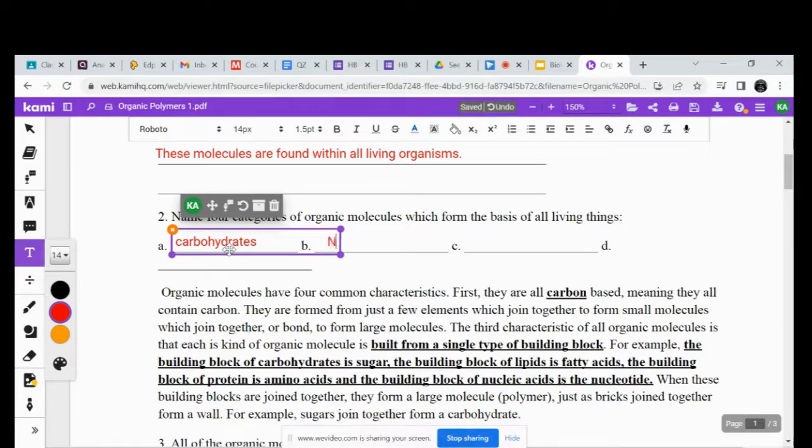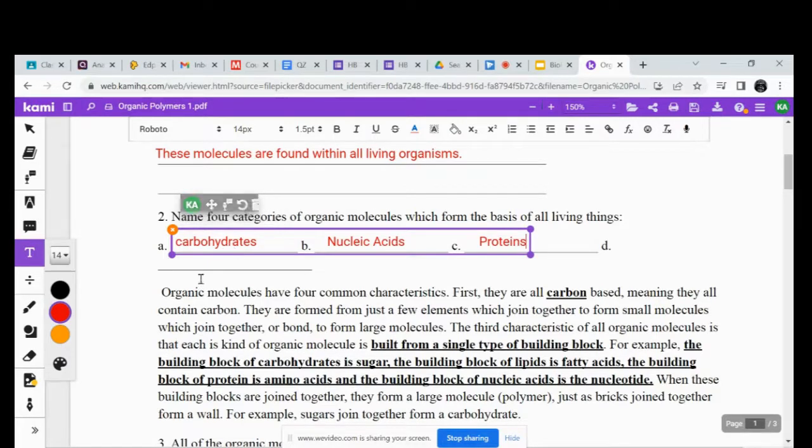We also have nucleic acids, DNA, deoxyribonucleic acid, and RNA, ribonucleic acid. Those are molecules that store our genetic information. They give us our traits, our brown hair, blue eyes, whatever we got. We also got proteins.